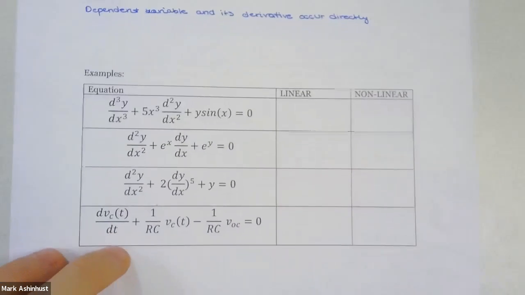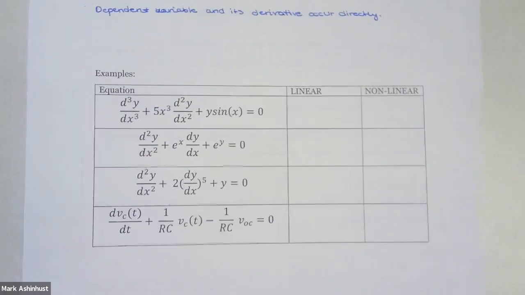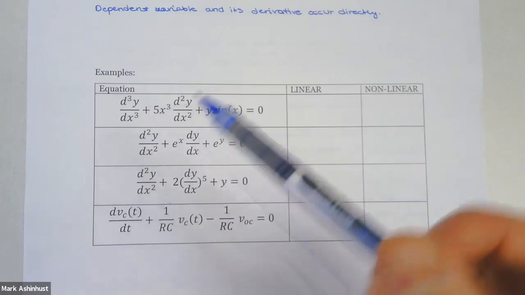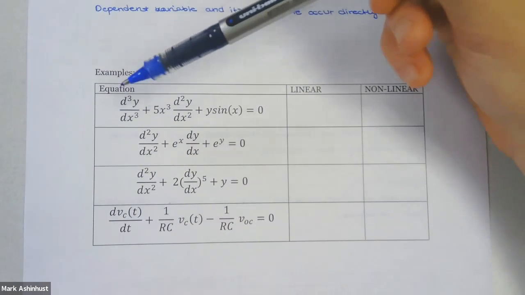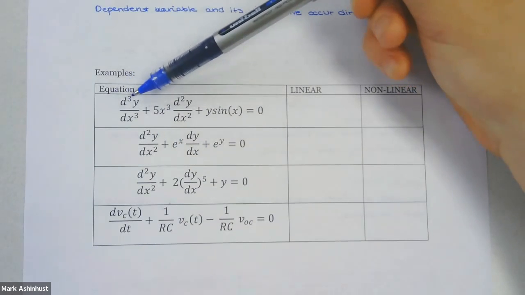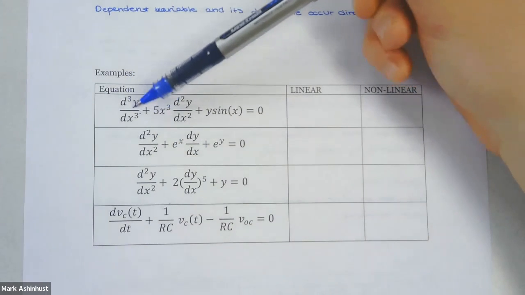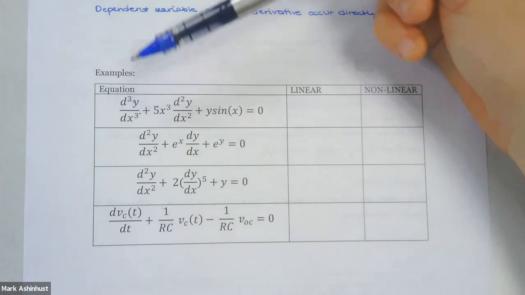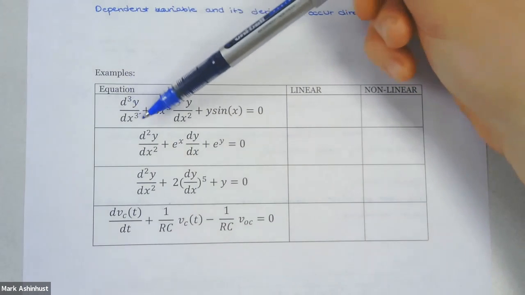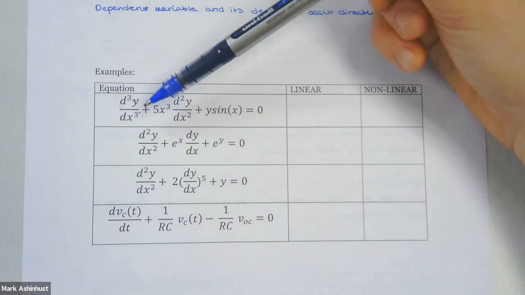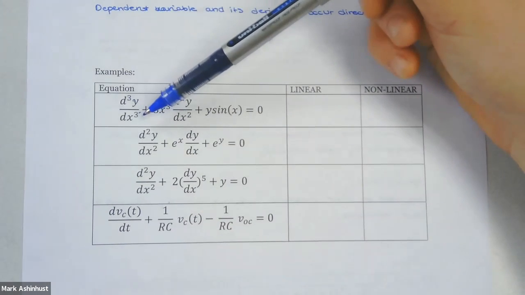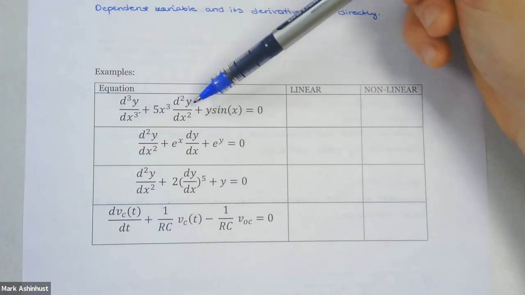So we can go to the examples. The examples will funnel exactly what I said. So we look, and now you gotta be careful because you can't just look and see the 3 here, the cubed. That doesn't necessarily mean the dependent variable is to the power of 3. That means the third derivative, right? And that'll be the same here.